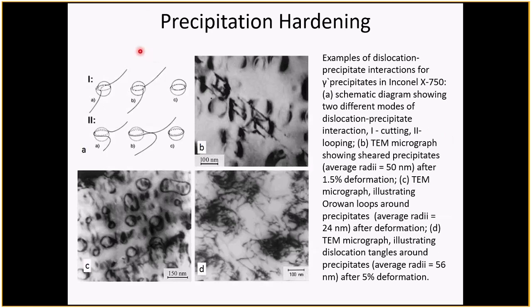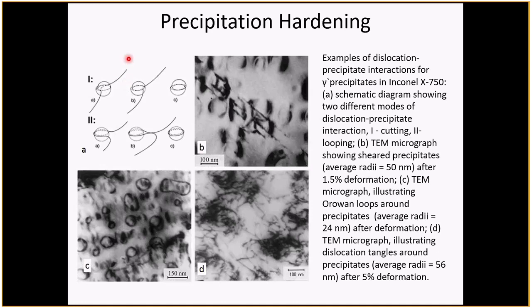You might remember this from some of the earlier lectures. How does the precipitation hardening work? Well, it works by these precipitates being barriers to dislocation motion. Now, first off, this strengthens the material because it makes it harder for the dislocation to pass through the material.